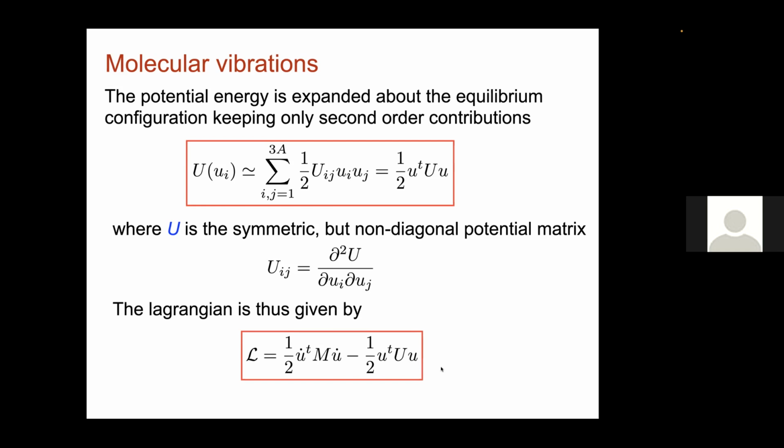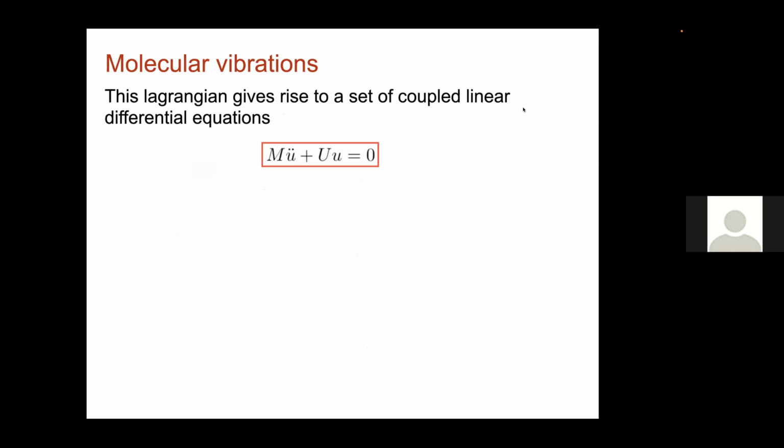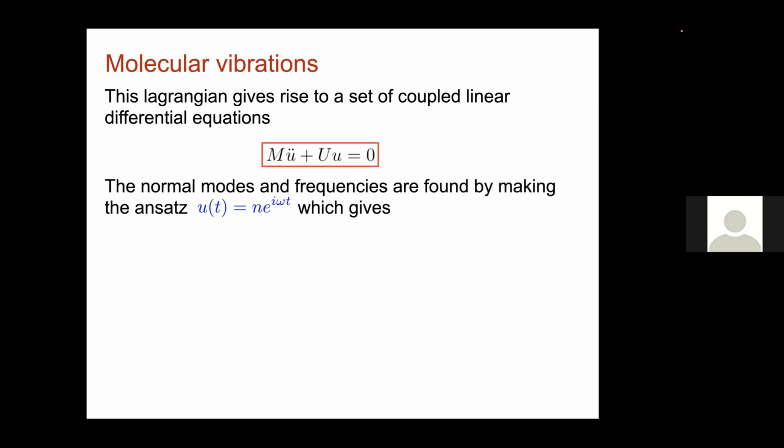Now you can use Lagrange equations, just vary U, and you find immediately the equations of motion. And the equations of motion have just this form. M times the second derivative of this 15-dimensional vector plus V times this 15-dimensional vector must be equal to 0. Now, you know how to solve this.